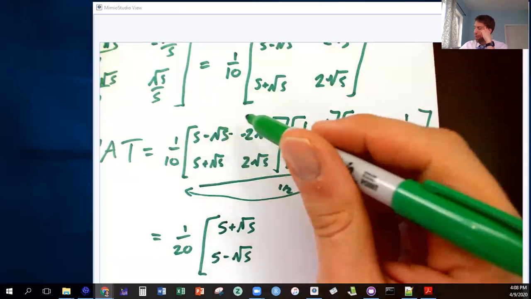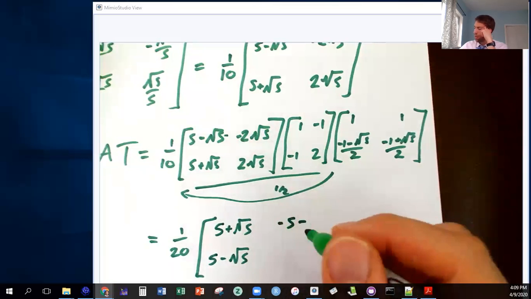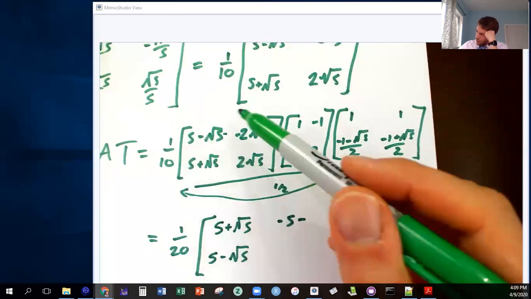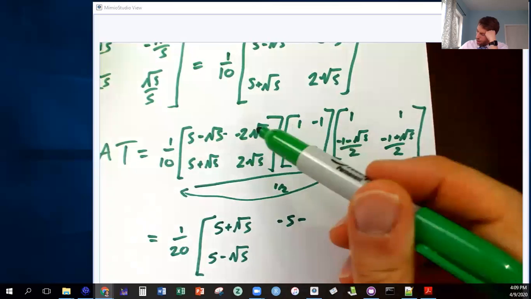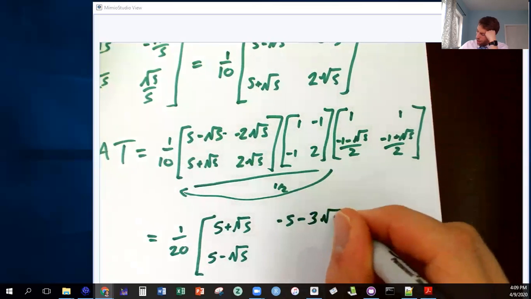So negative 5 plus square root of 5 minus 4, so minus 3 square root of 5.